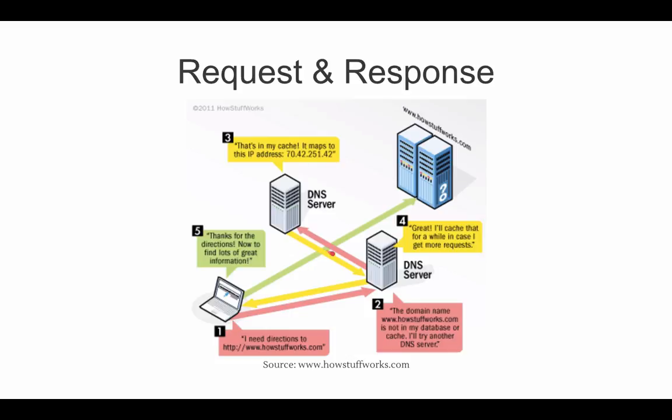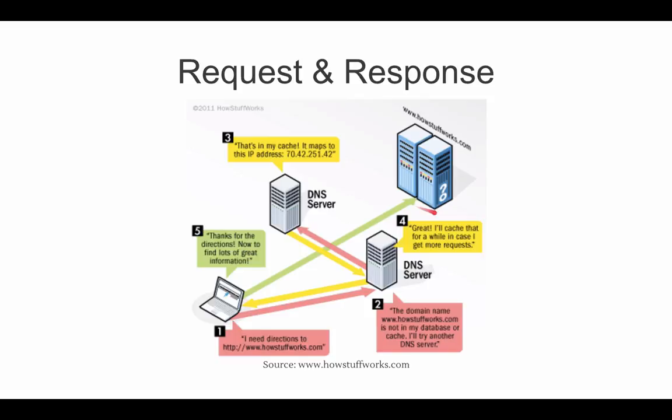So it sends that IP address back to the first DNS server, and the first DNS server says, great, I'll cache that. That way, in case another person asks for the IP address, it'll already know that answer now. And then it sends that IP address back to us. So now our computer can connect directly to the remote server matching that IP address.